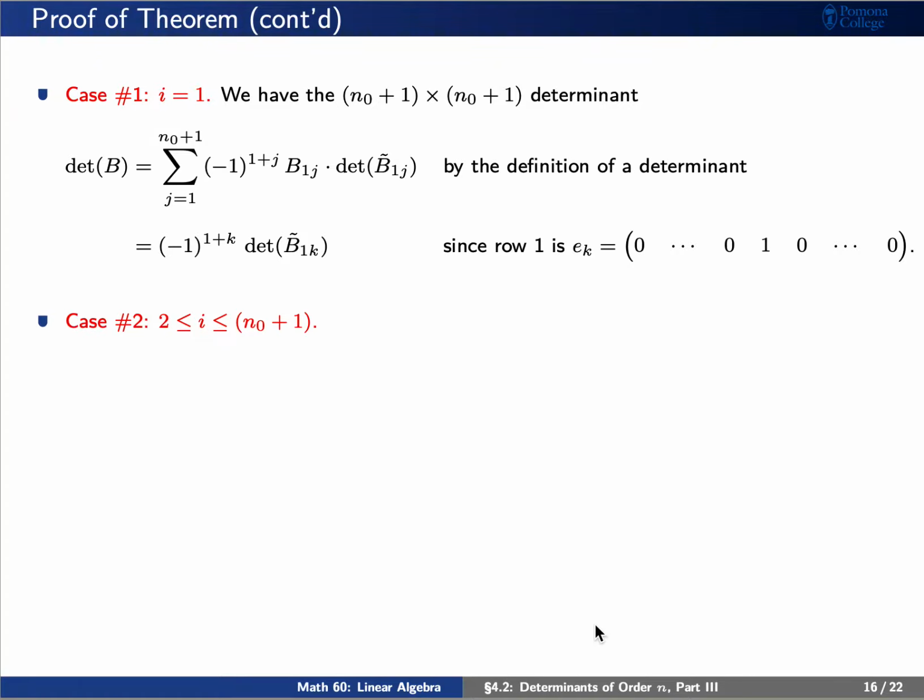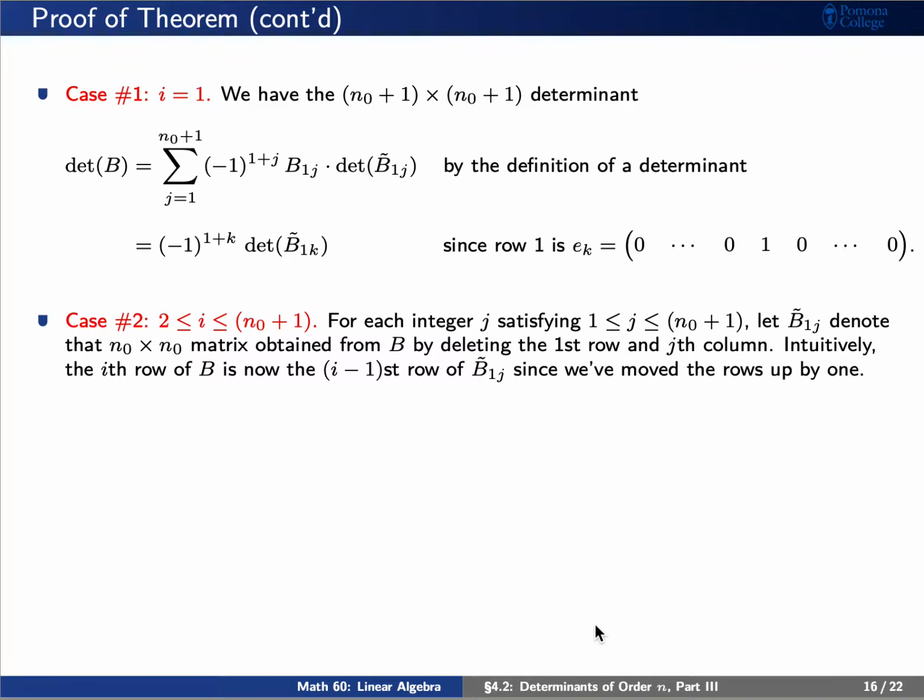Let's consider next the case where i is different from 1, that is, i is greater than or equal to 2. We want to consider the matrix B_1j tilde, which is the matrix we obtained from B by deleting the first row and jth column. Well, remember that row i is the one where we have our standard basis vector, so if we delete row 1, intuitively we're just moving all of the rows of B up by 1.